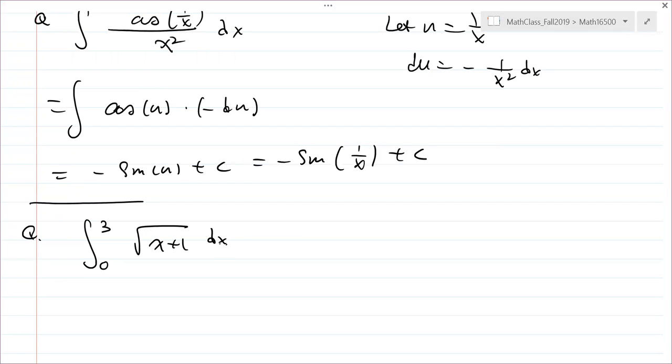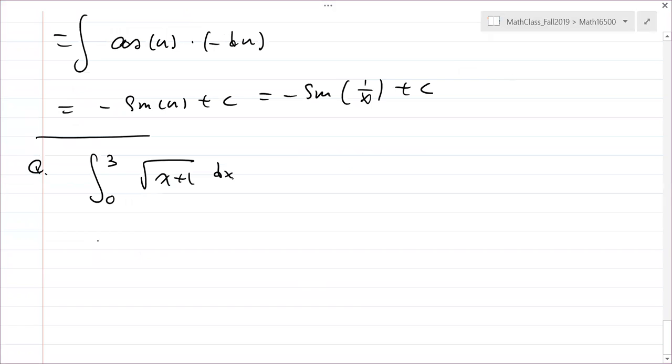So how do you do that? Well, I just need the antiderivative function, right?